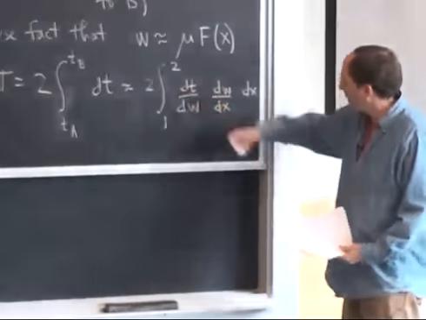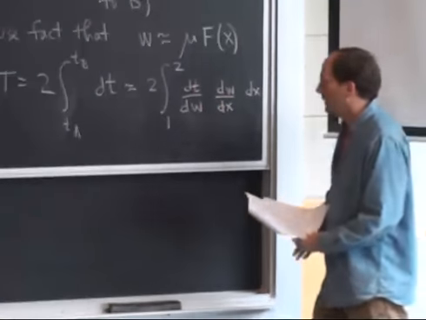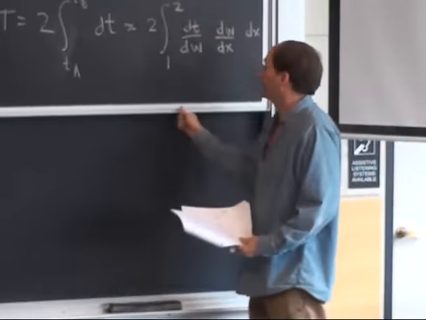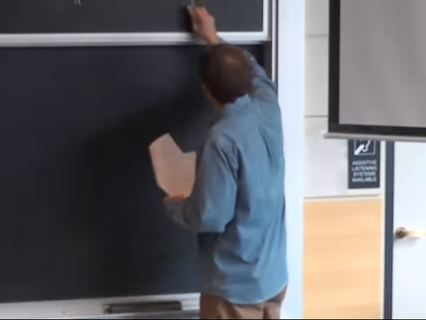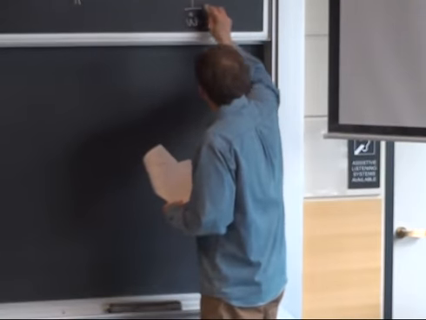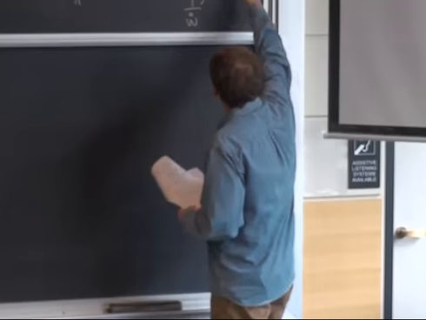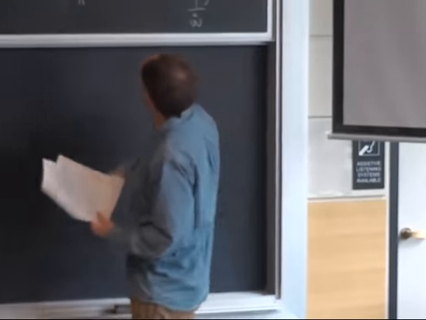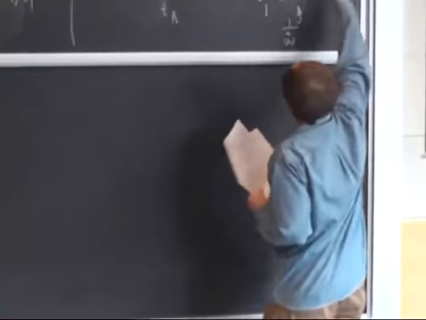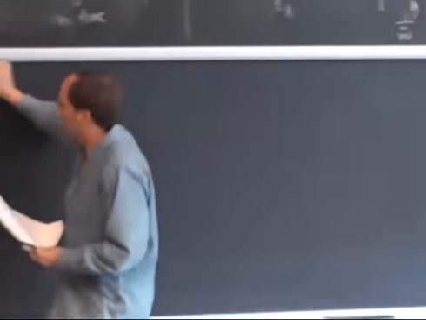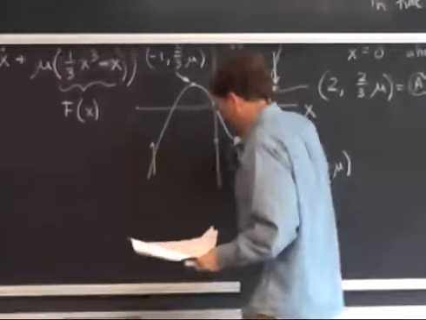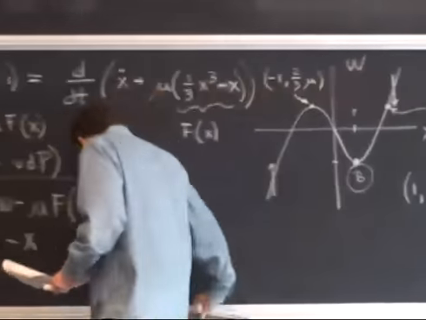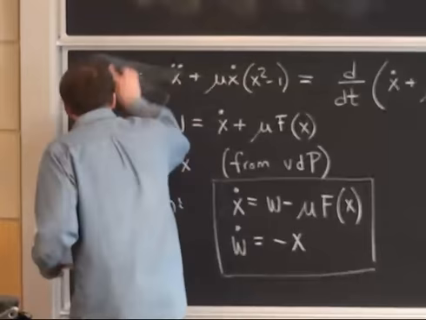And these are quantities we can calculate because this first term is just 1 over w dot. And this term is dw dx, but we're going to use this fact relating w to x on the null line. All right, so let's crank that out.